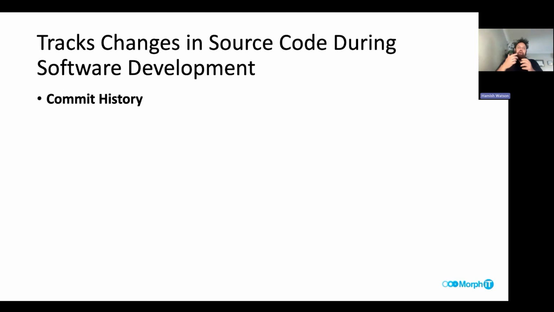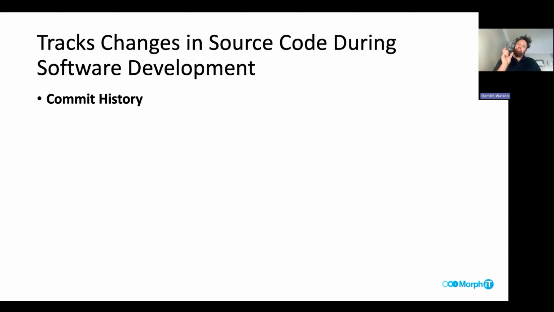And so we have a commit history. Git records the changes that are occurring in our project through commits, right? So I make a change, I'm tracking the file that code is in, and then I commit the changes.